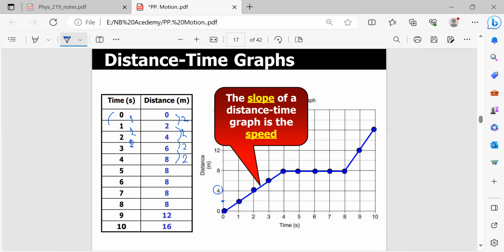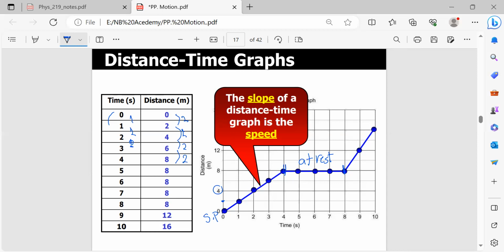But here we will find that the body stopped at 8 meters from the starting point, which means that the body in this part is at rest. You remember that we defined the body at rest to mean the body doesn't change its position as time passes.